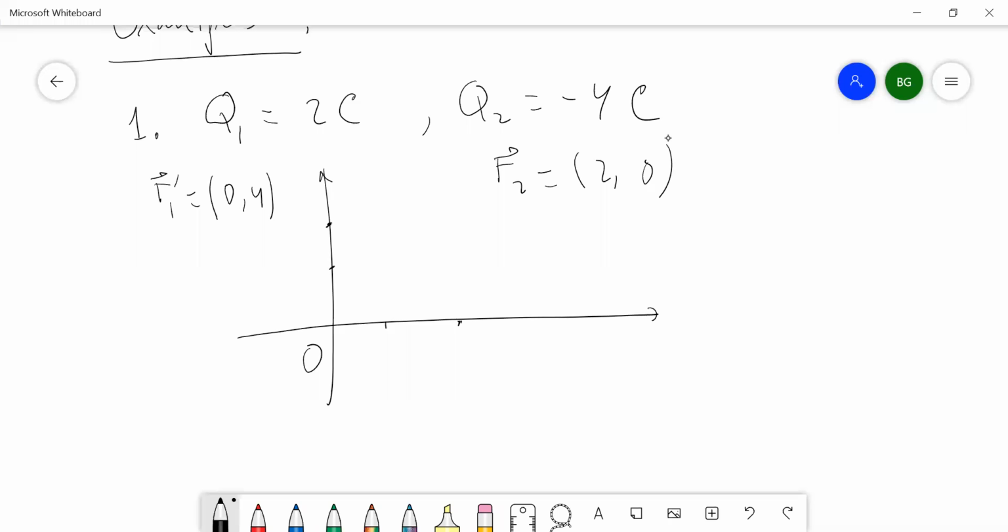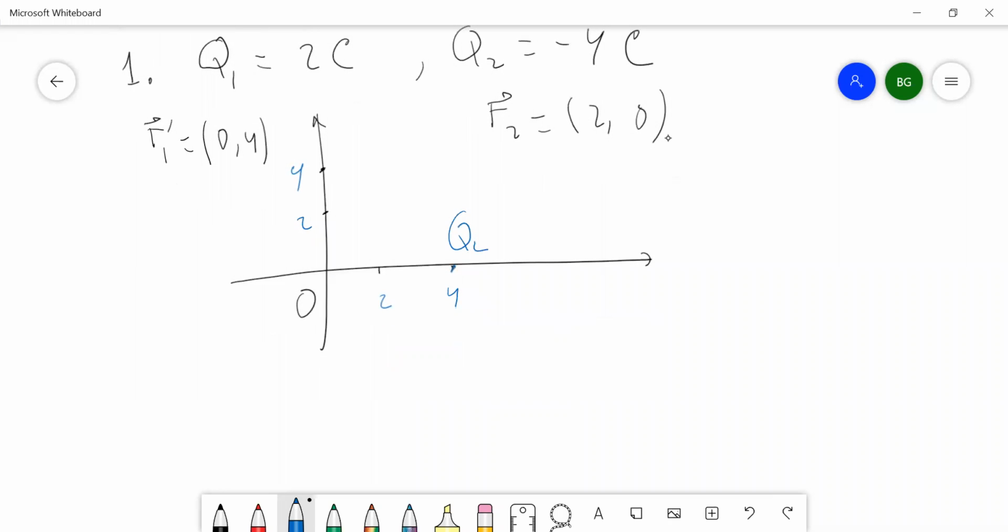This is Q2 here. This is 2, 4, just for example.